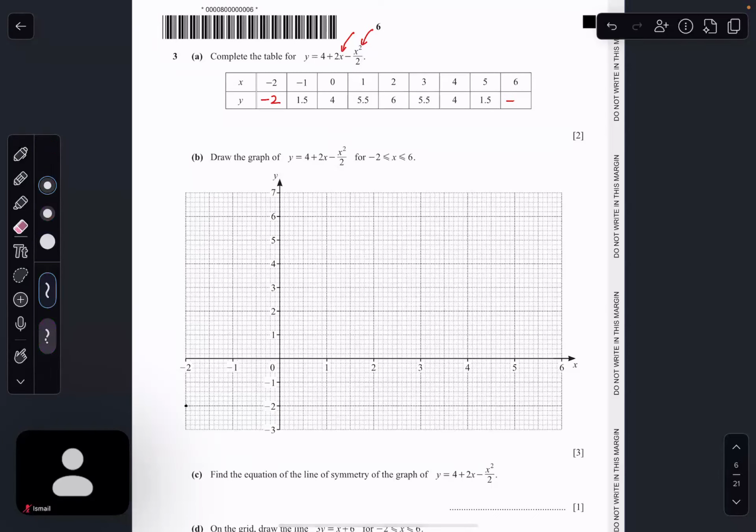So I saw somebody's paper today. Okay, let me first draw it and then I'll tell you. -1 and 1.5. And we have 0 and 4.